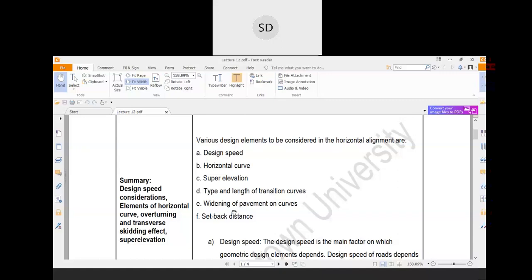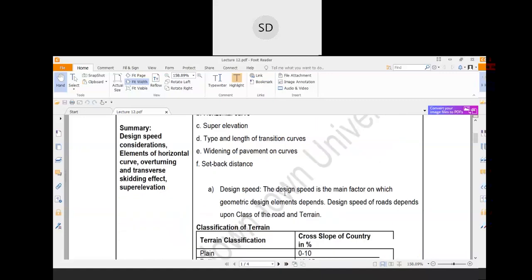So first one is design speed. As we have already discussed in our previous chapter, design speed is a main important thing while you design any of the geometric features of the highway.